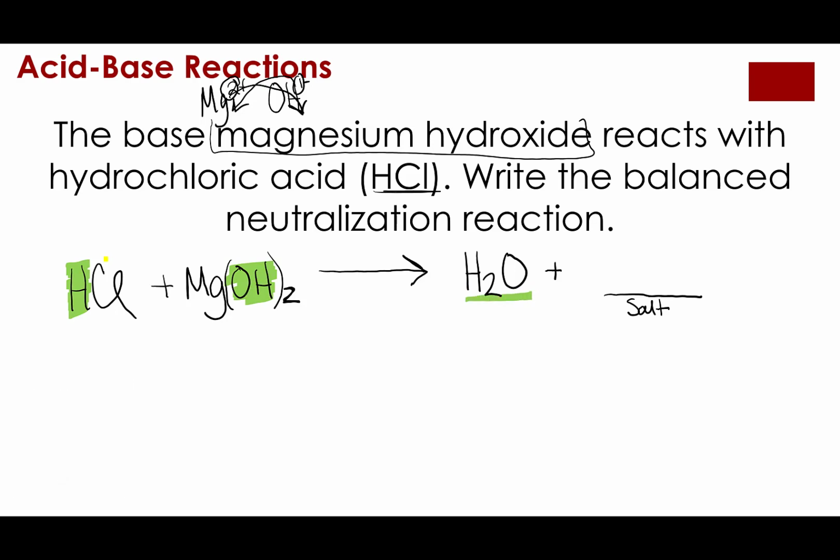So anything that is left is going to be how our salt forms. So we've got chlorine and we've got magnesium. Okay. So when I write what's left, I'm always going to write the metal first. So magnesium and chlorine are going to come together to form our salt.